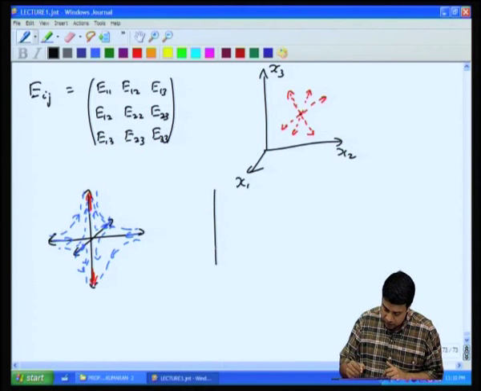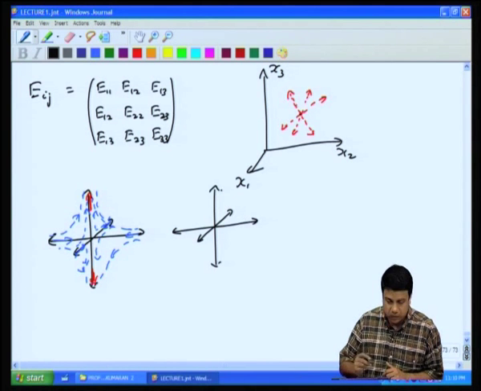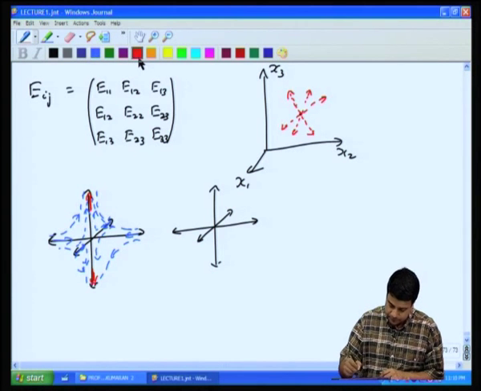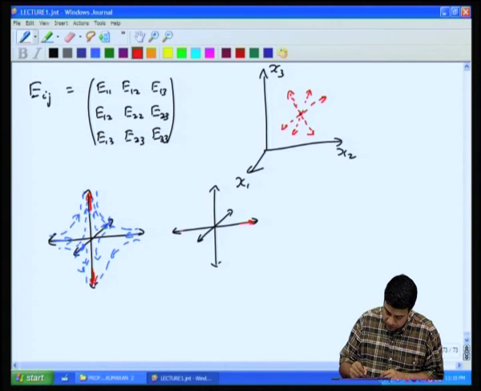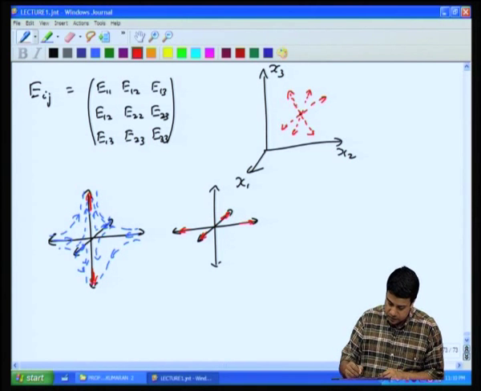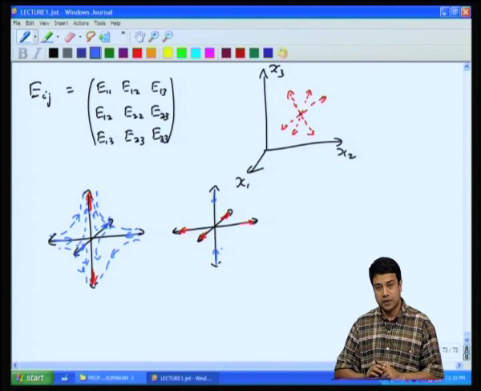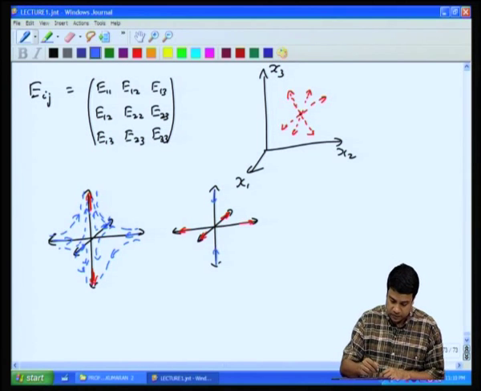In that case you have stretching along 2 directions, along the positive eigenvalues, and compression along the third direction, in such a way that the divergence of the velocity is equal to 0.